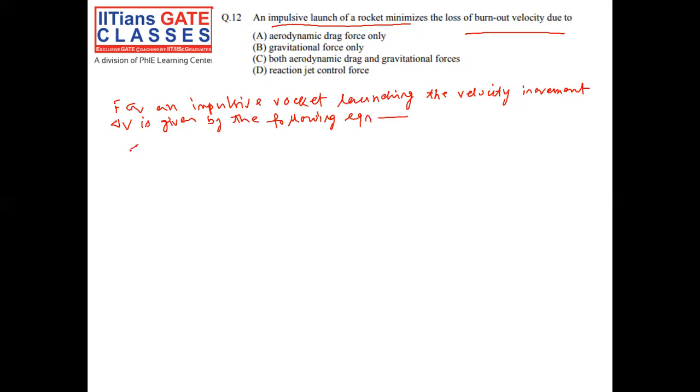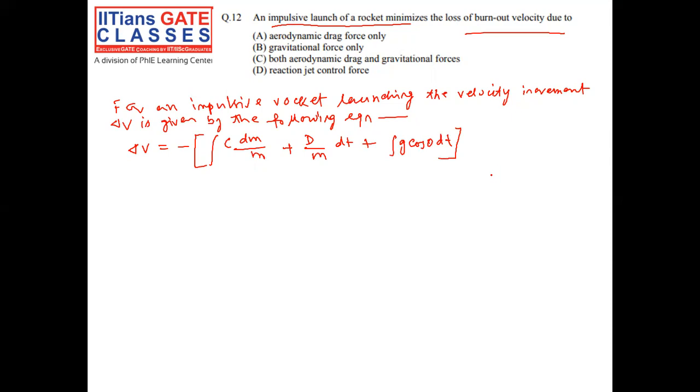So delta V is given as the integral of C dm by m, where C is the effective exhaust velocity, plus D by m dt plus g cos theta dt, right?